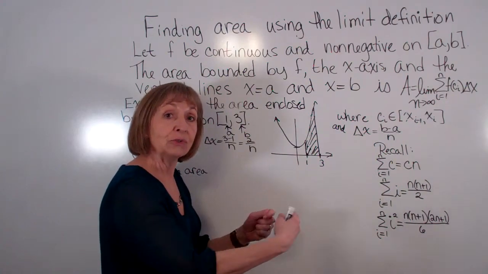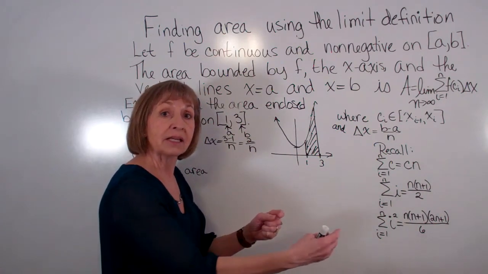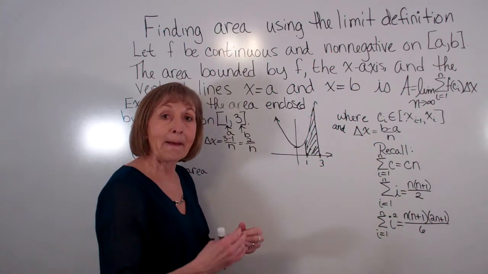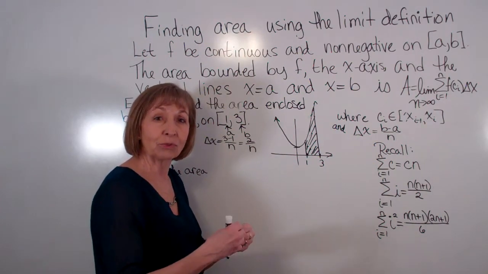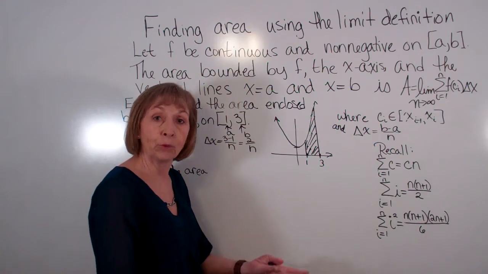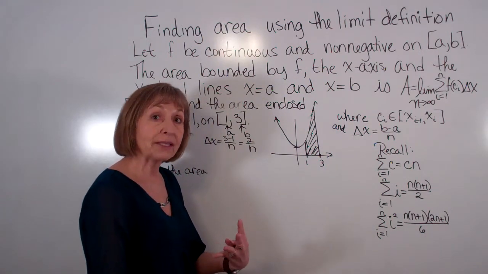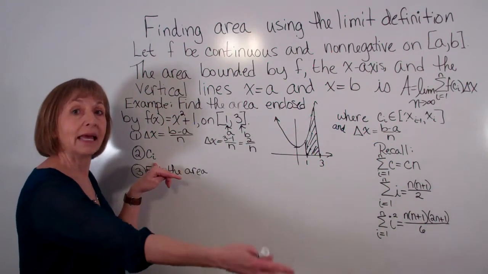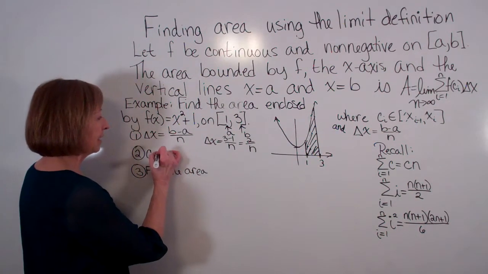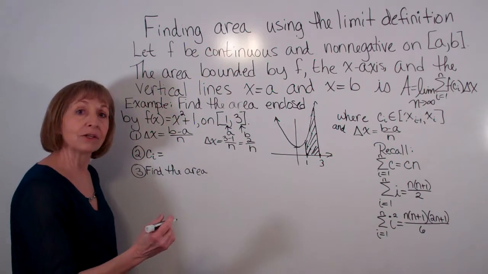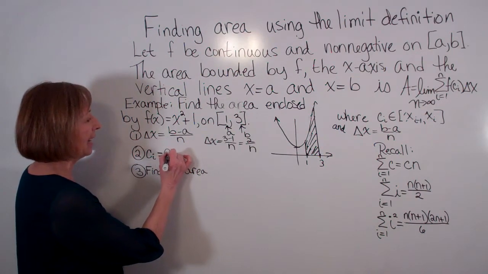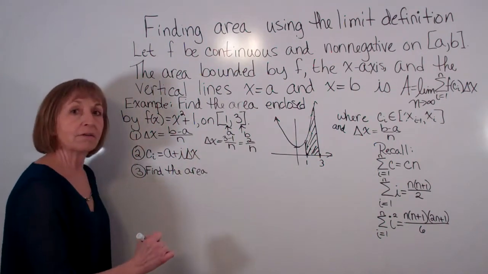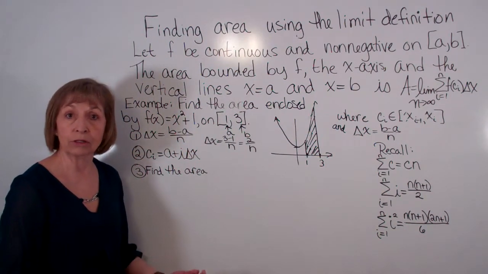So if I use the right endpoints, the coefficient in front of my delta x matches the subscript of the subinterval I'm working on. That's why I always choose my c sub i to be the right endpoint, so I can use the notation a plus i delta x for my c sub i.